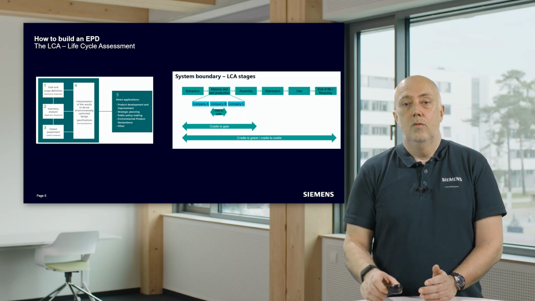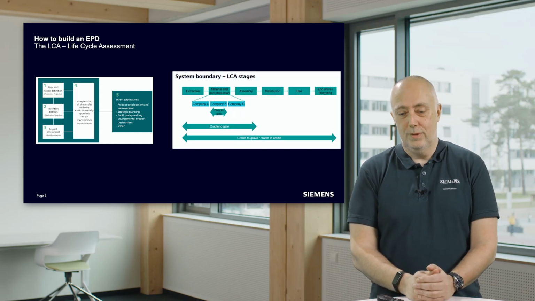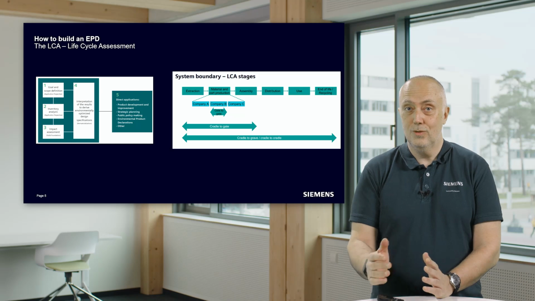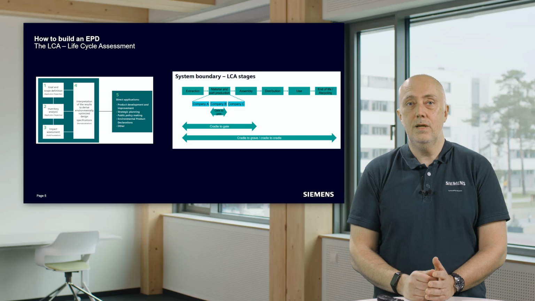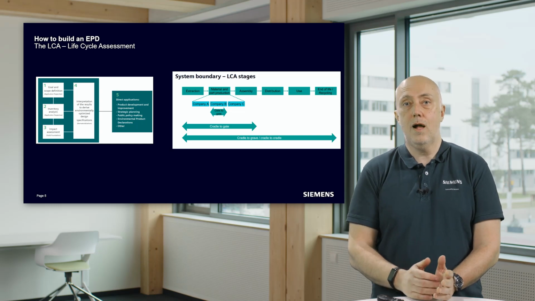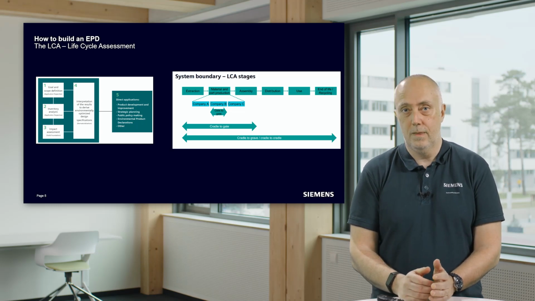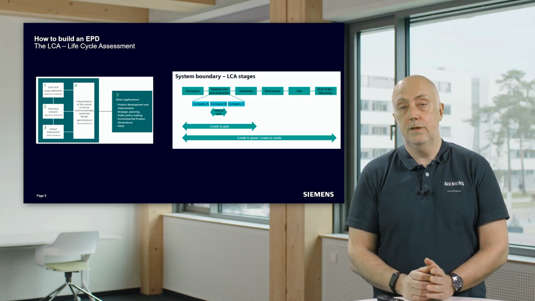Now, what do we do after we have defined scope and products? Then we do a life cycle inventory, where we will document every environmental impact throughout the life cycle scope of the product. So here we are really facing a difficult task.